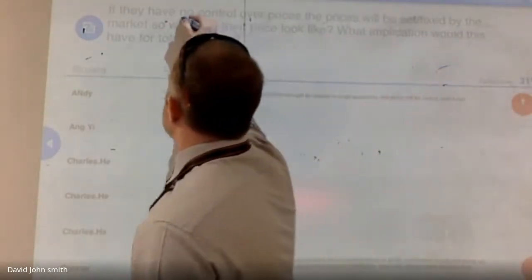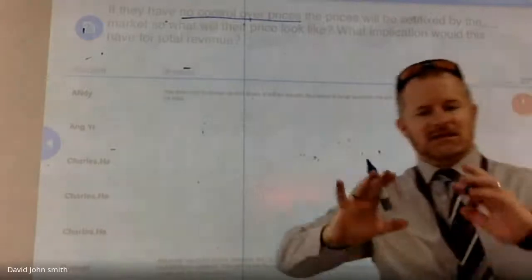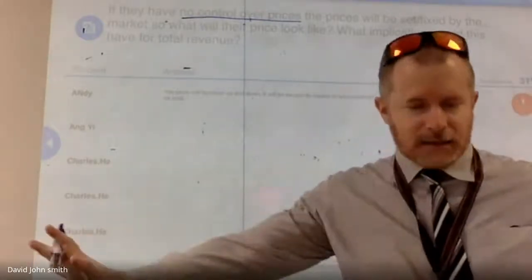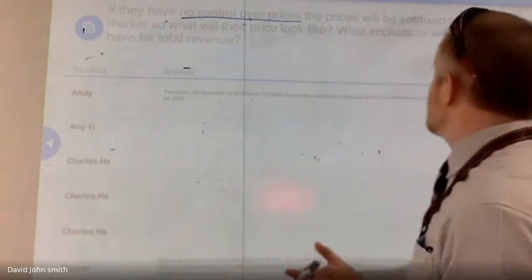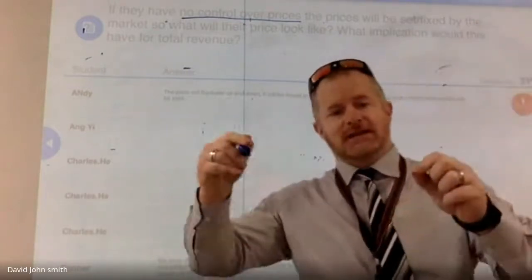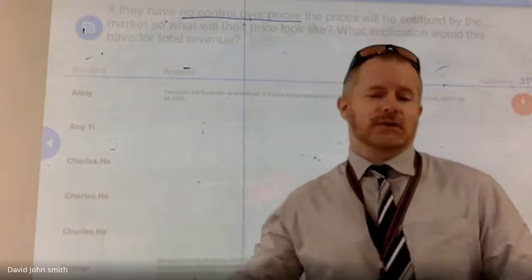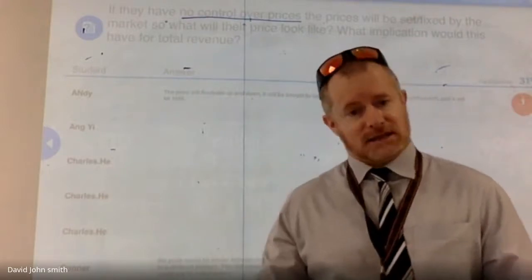If they have no control over the prices, so the business is completely unable to change the price, it just can't do it, right? They are what is termed a price taker. They have to accept the price that the market sets.